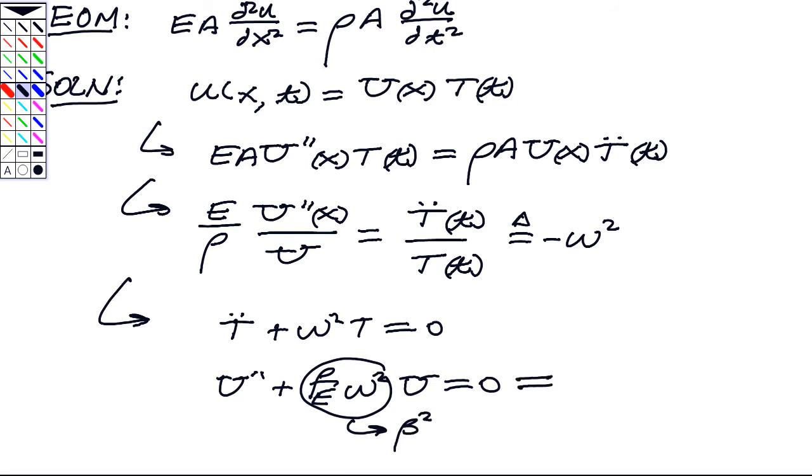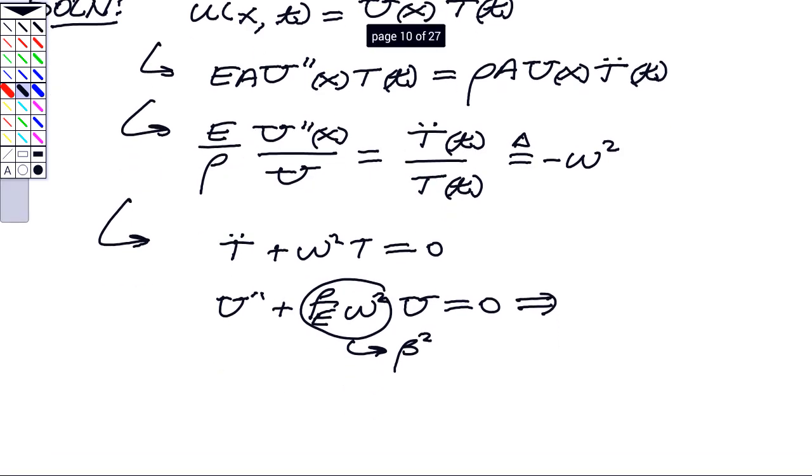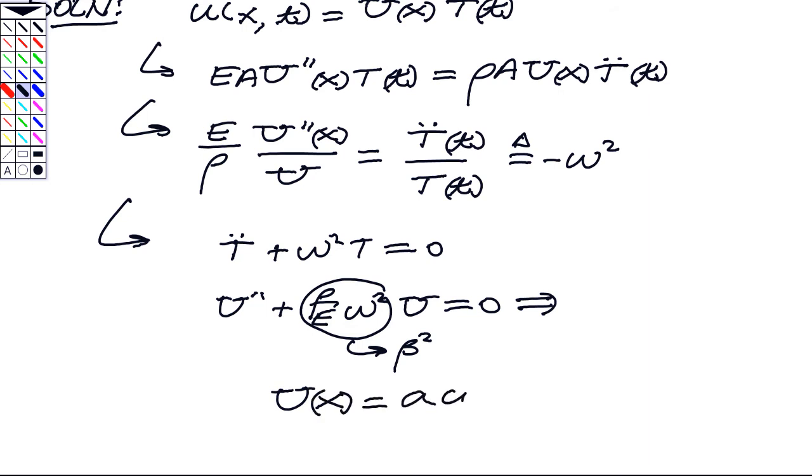So the response that we're looking for here, the spatial part, U of x is equal to A cosine beta x plus B sine beta x.